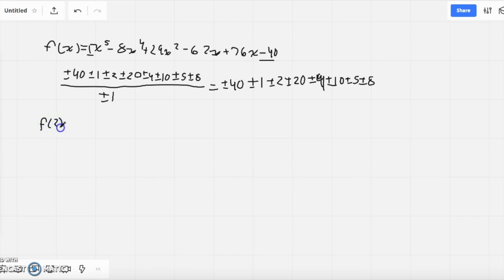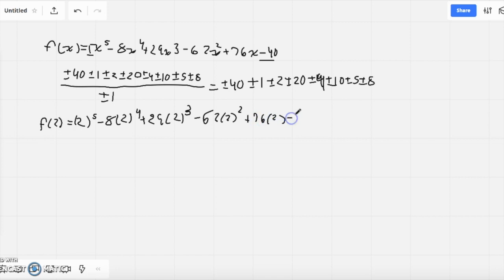So f of 2 is going to be equal to 2 to the fifth minus 8 times 2 to the fourth, then plus 29 times 2 to the third, sorry, this should be a third, minus 62 times 2 squared plus 76 times 2, and finally minus 40.